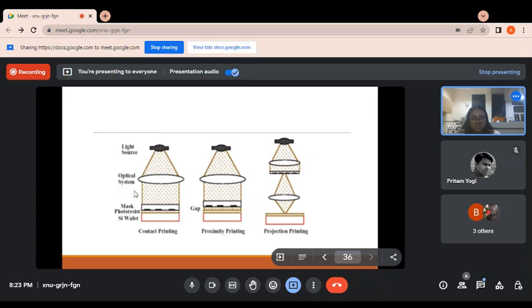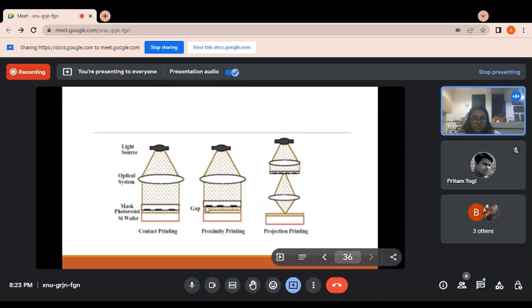So the first is contact printing, the second is proximity, and the third is projection. Why do we go for proximity printing? Because if we use contact printing multiple times, there is a possibility of defects in our device.